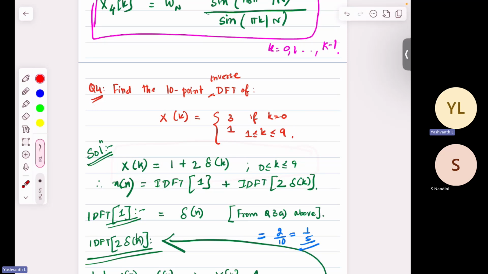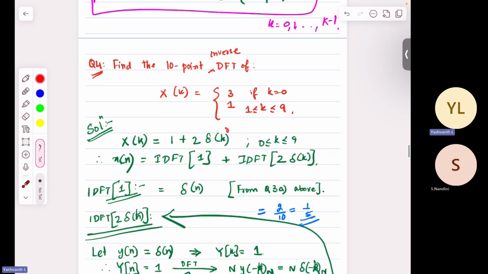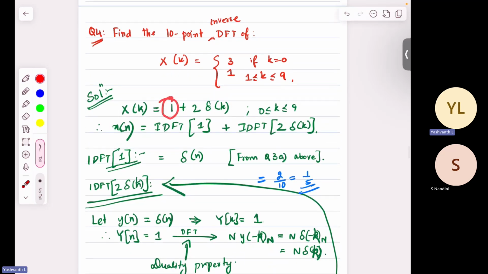Fine. Now we just need to find the inverse discrete Fourier transform for this. That's all. So basically by the linearity property, your inverse DFT x of n is nothing but IDFT of 1 plus 2 into IDFT of delta of k. That is all we need to find. Now IDFT of 1 is what?